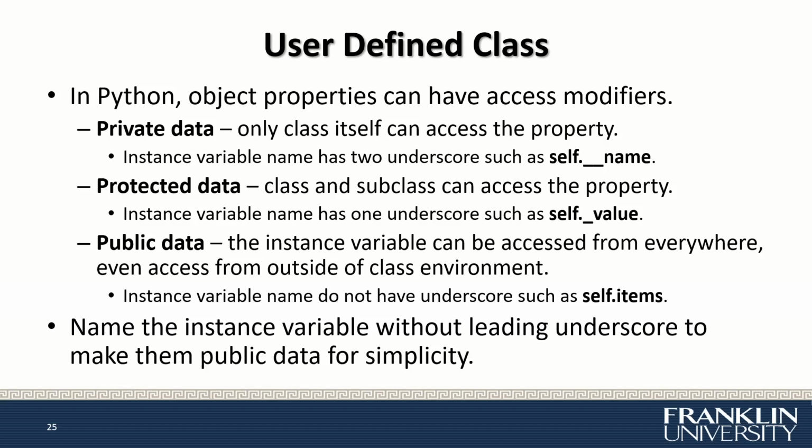Protected data, a class and subclass can access the properties, but no outside external access. Instance variables have one underscore, such as self dot underscore name. Public data, these are the public modifier. The instance variable can be accessed from anywhere, even from outside the class environment. So if instance variable names do not have an underscore, then they are public data.